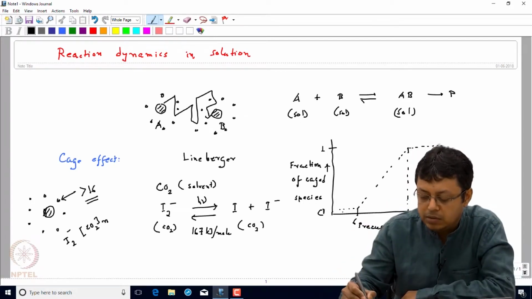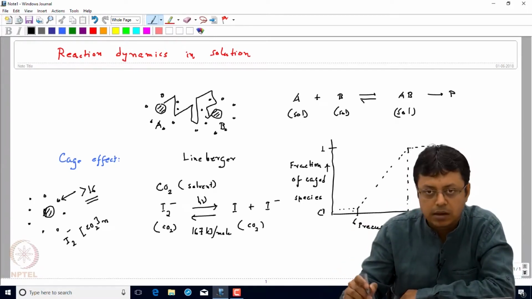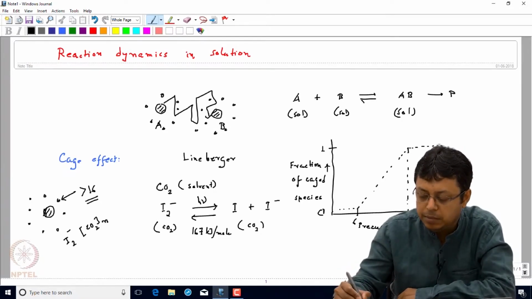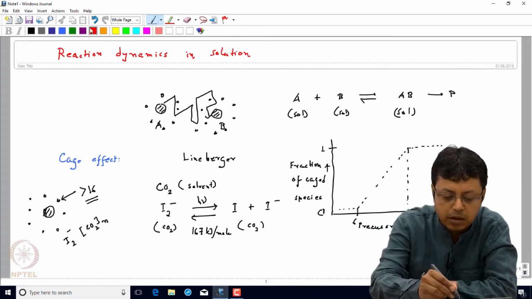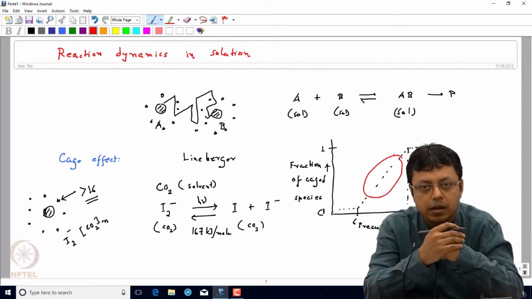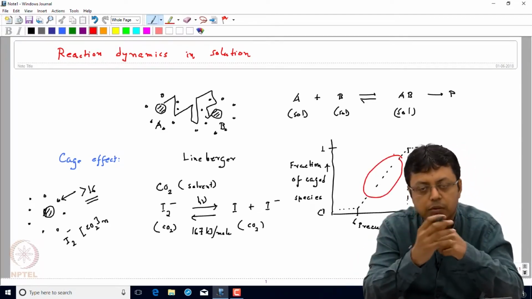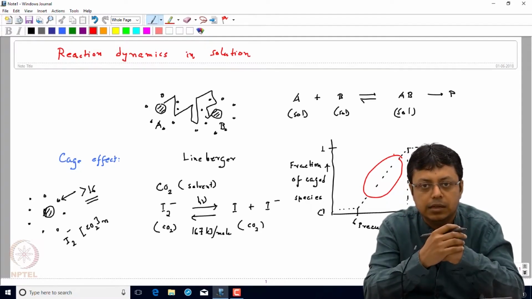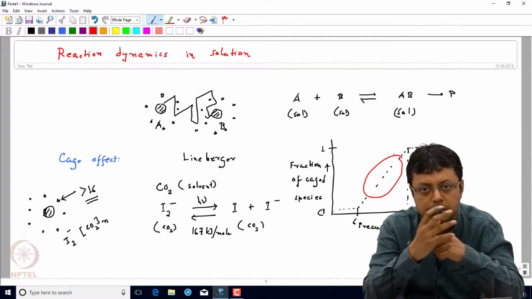But in between, up to 6 it can totally break, and between 6 and 16 you have a more or less linear dependence of the fraction of cage species or cage I2 minus versus the number of CO2 molecules that form this cage.